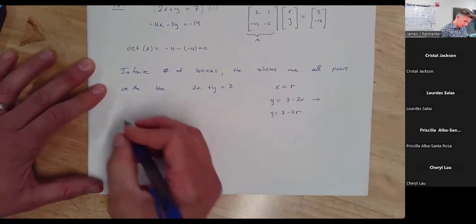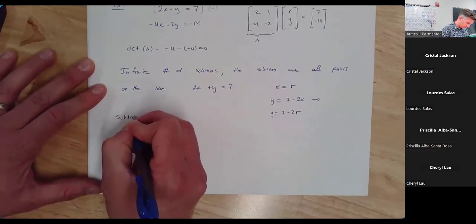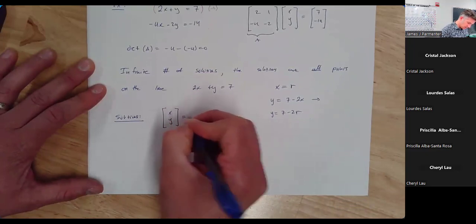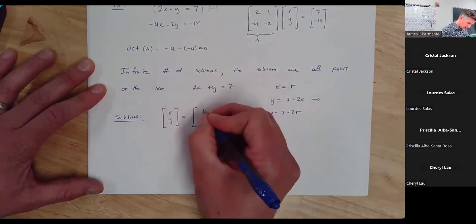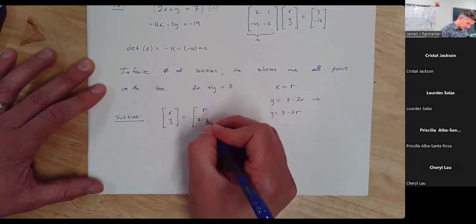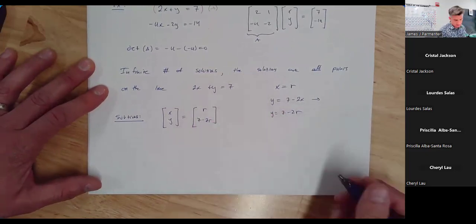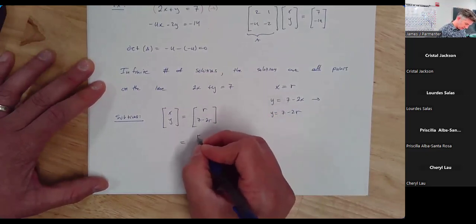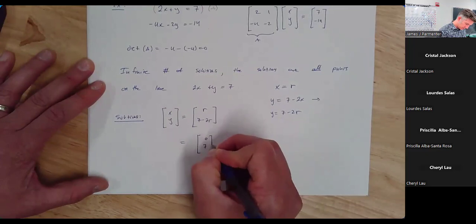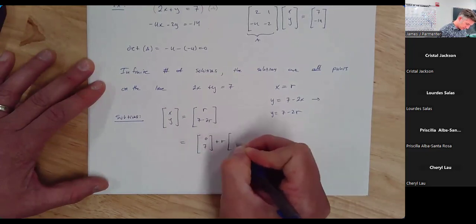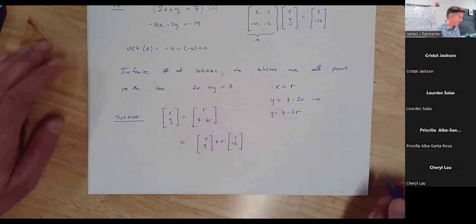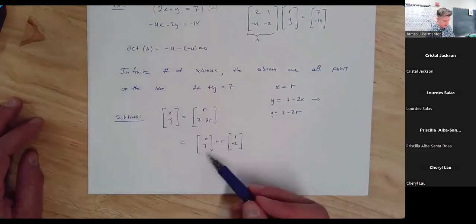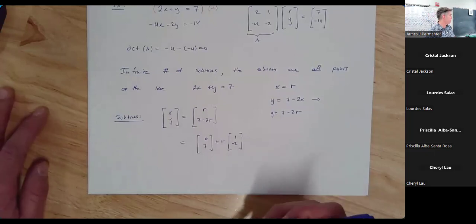So my solutions here are x, y equal to, well, x is r, and y is 7 minus 2r. And then for some reason, we like to break this up into the r parts and the not r parts. So we can write our solutions like that. Basically, there's your y-intercept at 0, 7, and here's the slope of your line being -2.